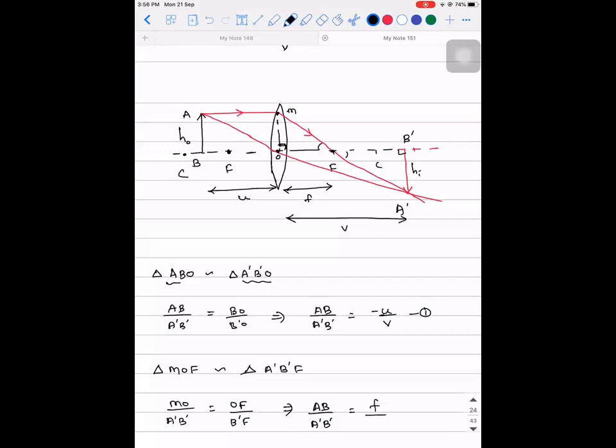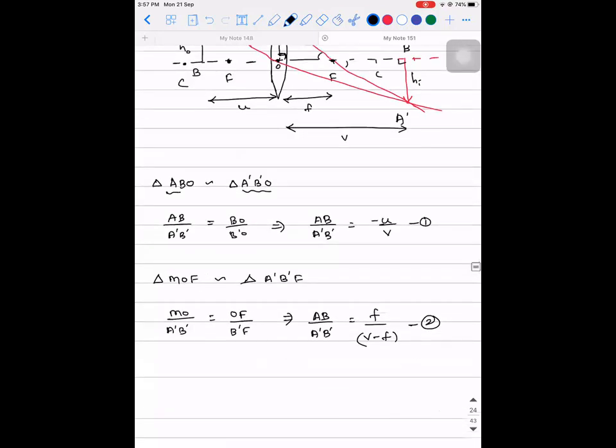Yeah. It is f divided by, what is B dash F? V minus f. So that is expression 2. So from 1 and 2, what is it that we can conclude? Minus u by v is equal to f divided by v minus f, which implies minus uv plus uf is equal to vf.